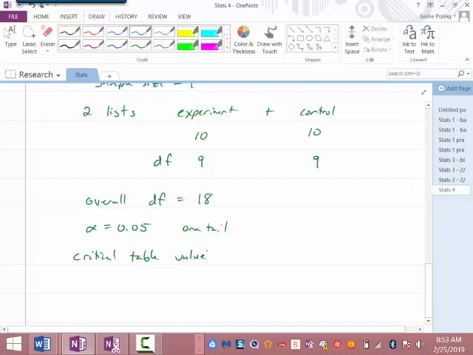So for a 0.05 one-tail and 18 degrees of freedom, what is your critical table value? We have a suggestion of 1.734. Do you concur? Okay. So you find your alpha level of 0.05 for your one-tailed test, and then read down until you get to 18 degrees of freedom.